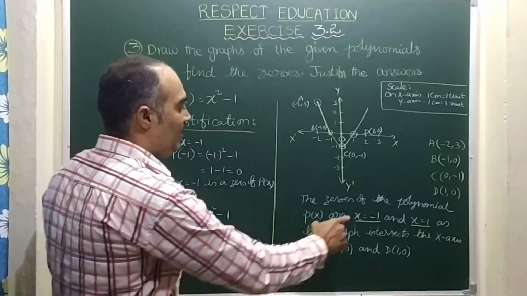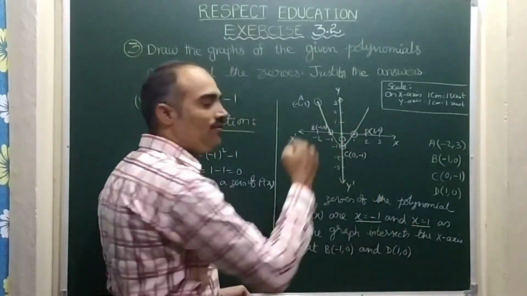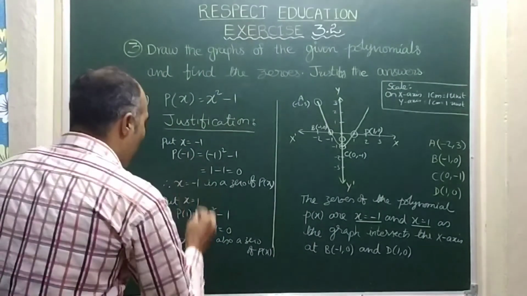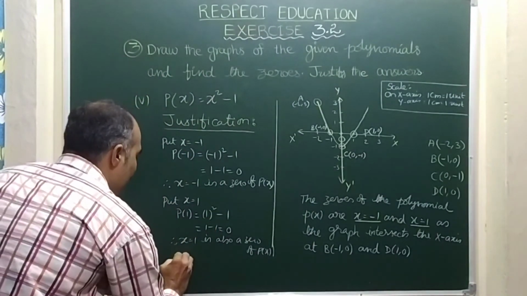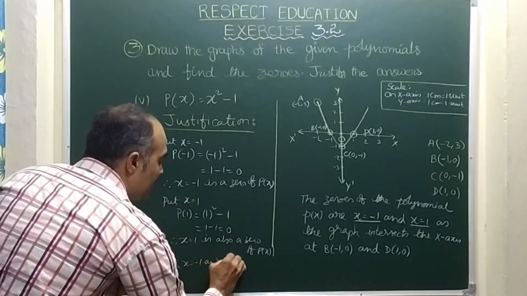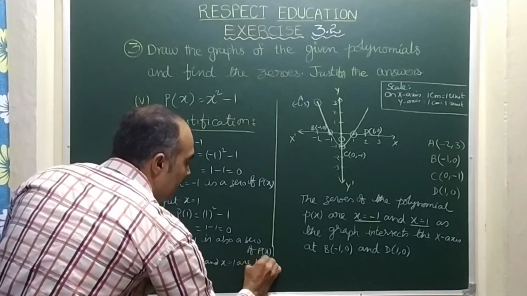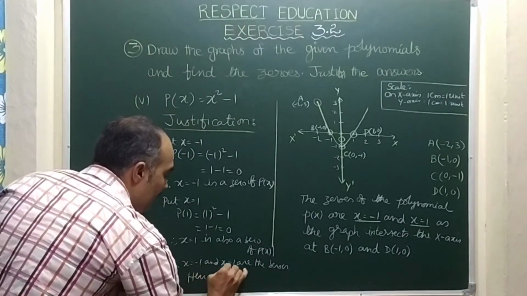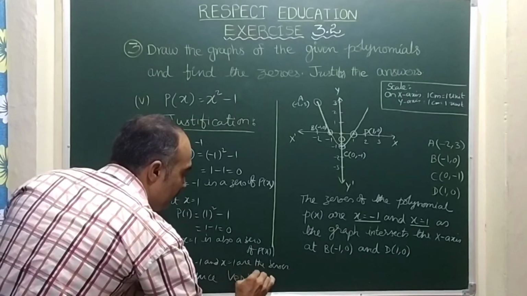See here, we said these two are the zeros from the graph. Here also we have proved the same. So we can write that therefore x equal to minus 1 and x equal to 1 are the zeros, and hence verified.